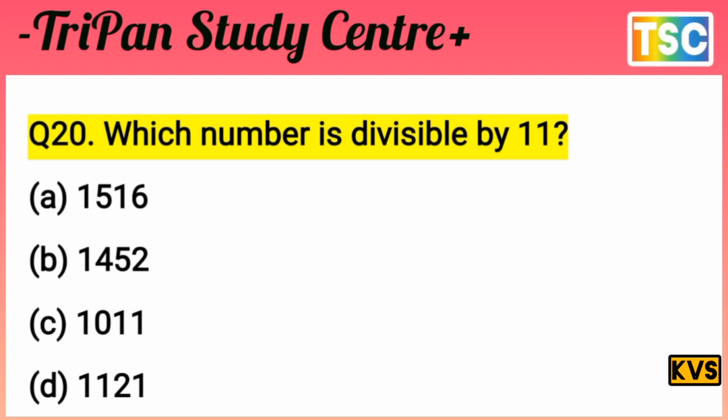There is 145, and from 145 there is 143 here, and 145 minus 143 is 2, and that's 22. It means 1452 is the answer. So option B is correct here. Let's see the next question here.